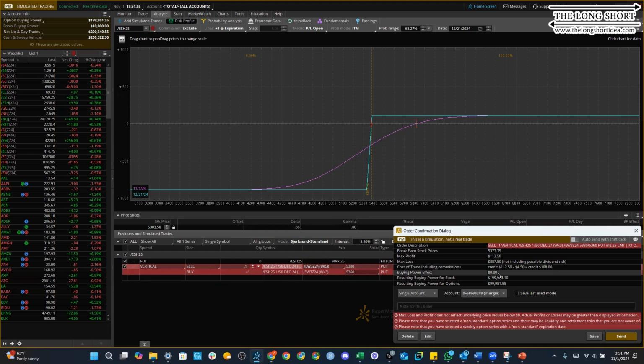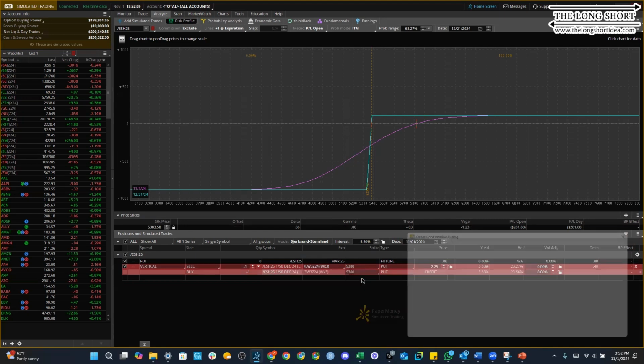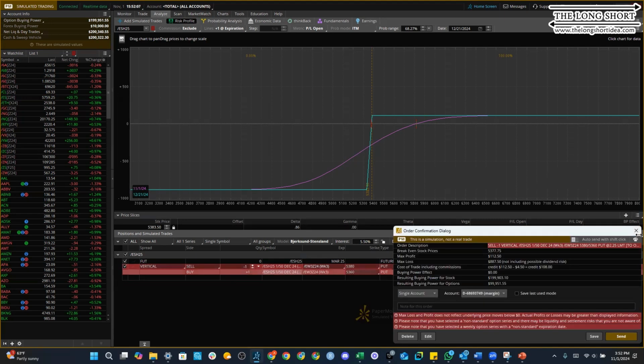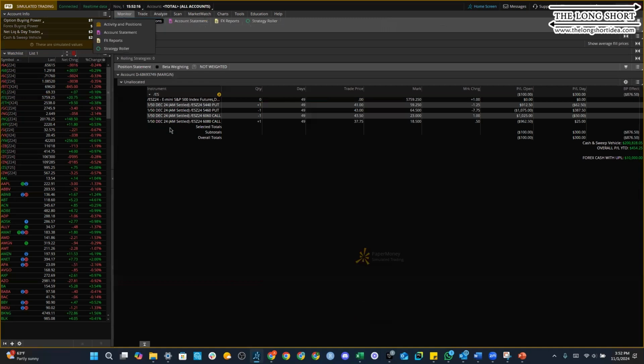Oh, my buying power is 0 right now because I think I already have a position, but I don't think I should be showing that. Anyway, what I'm trying to show here is, I was doing a test trade before, and when you have a position on, they don't charge you more money.